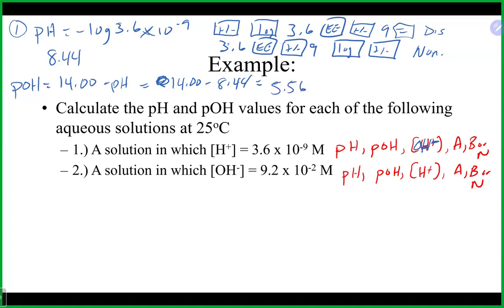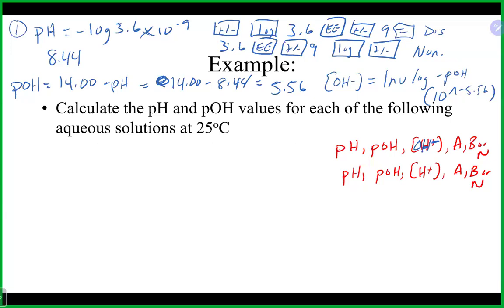Once again, you still have an option for the OH minus, either using Kw, or because you now have the pOH, the hydroxide concentration is the inverse log of the negative pOH, which on your calculator is 10 caret negative 5.56.